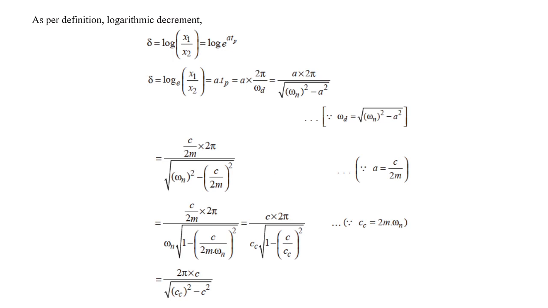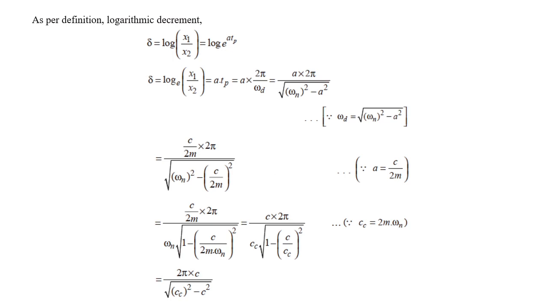Now you can observe in that diagram x1, x2 and x3 are the amplitudes on one side, and the ratio of these successive amplitudes, that is x1 upon x2 or x2 upon x3, is called the amplitude reduction factor, and the natural log of this amplitude reduction factor is called the logarithmic decrement.